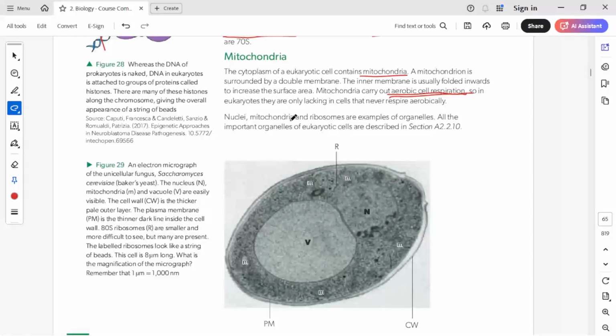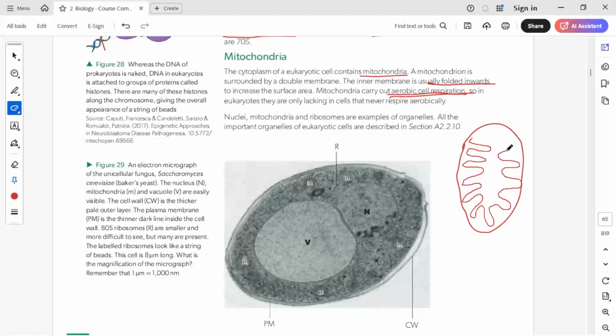Nuclei, mitochondria, and ribosomes are examples of organelles. All these important organelles are described in this section. The inner membrane is folded inwards. Suppose, for example, this is a mitochondria and this is the outer membrane. The inner membrane will be folded like this to increase the surface area of the mitochondria, and there will be enzymes present on this inner membrane which are involved in cell respiration.